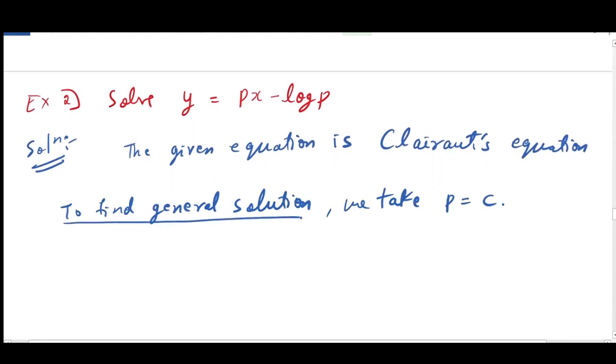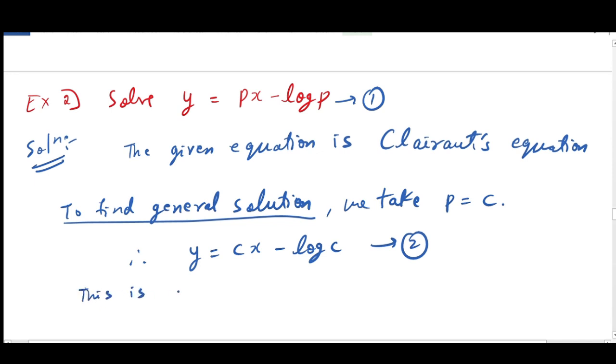Then to find general solution, we take p is equal to c. Therefore, y is equal to cx minus log c. This is equation number 2. This is equation number 1. So you have to write this is the general solution.